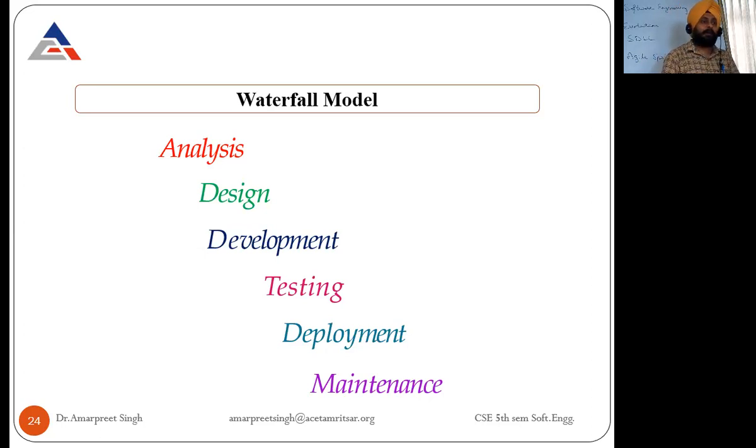You cannot revert back to the first phase once you enter the second phase, and so on. This is actually the limitation of the waterfall model, that there is no feedback available. You cannot revert back. This is the main limitation of the waterfall model.